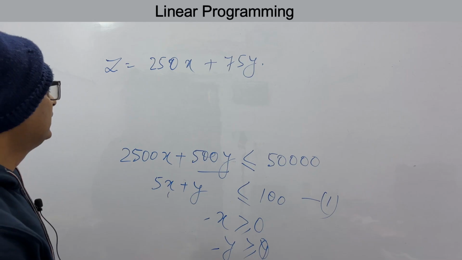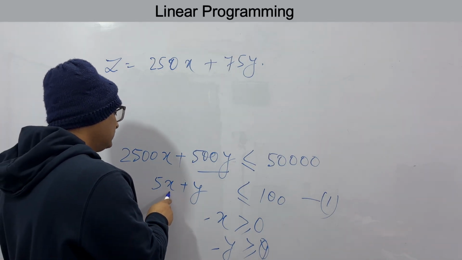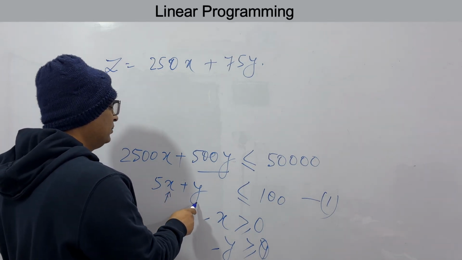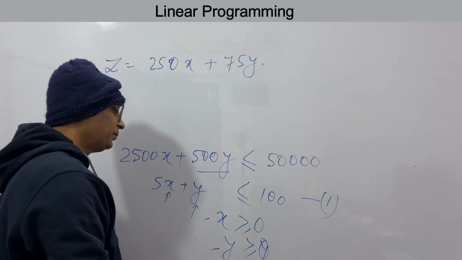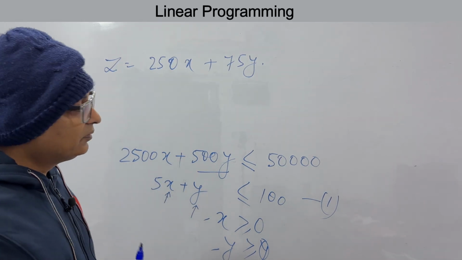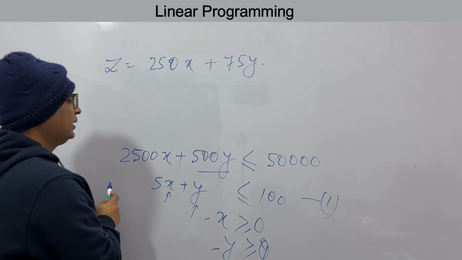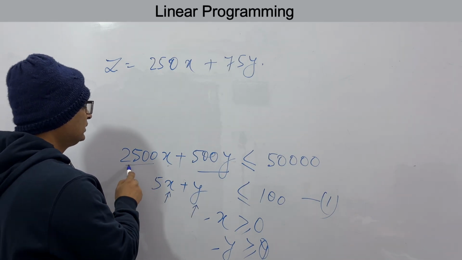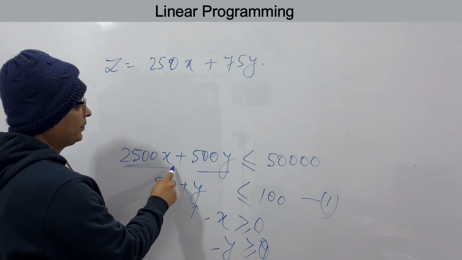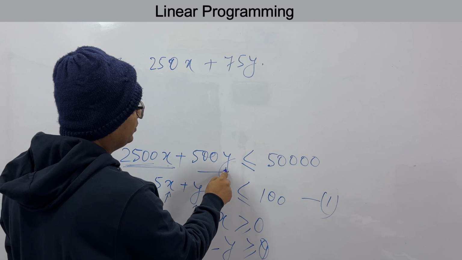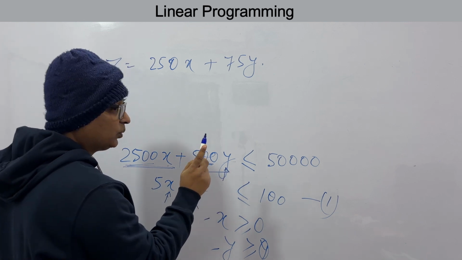Again, try to understand it. The number of tables we buy is x and the number of chairs we buy is y. Total amount that can be invested is 50,000. So if x is the number of tables, then x into its cost is the cost of all tables that we buy. Similarly, y is the number of chairs and 500 is the cost of one chair.